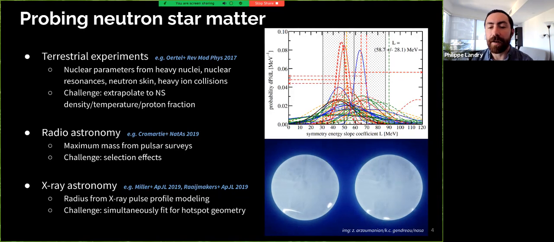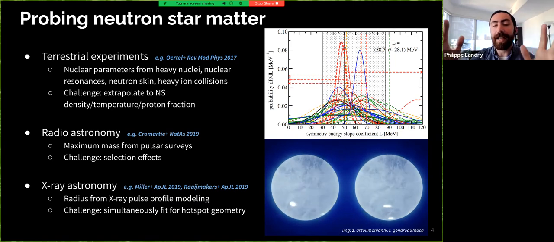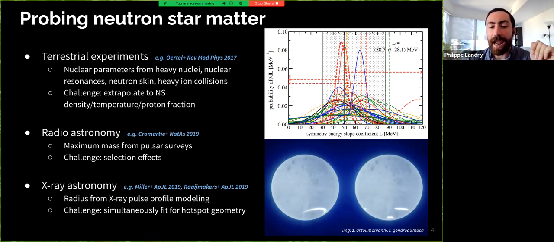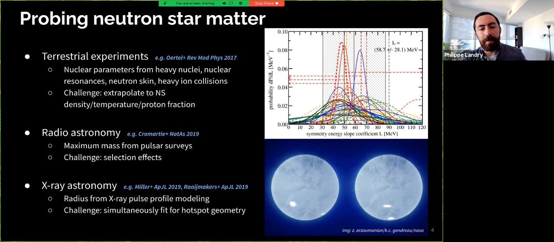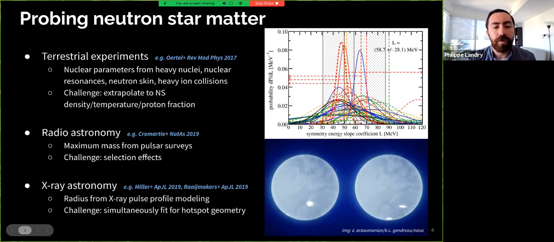So for instance here, when the neutron star's hotspot is on the far side of the neutron star, you can get some kind of lensing type effect where you can see the hotspot for longer than you would if it were a less compact star. And that informs basically about the compactness and hence the radius of the star. So those are two electromagnetic probes of neutron star matter that have been very informative in the last few years.